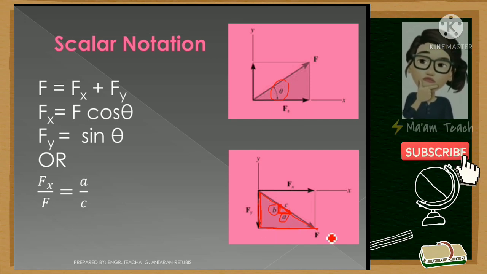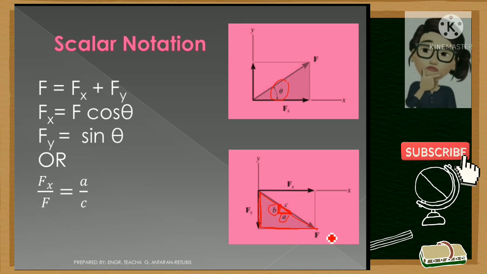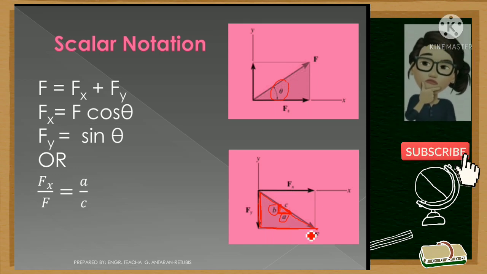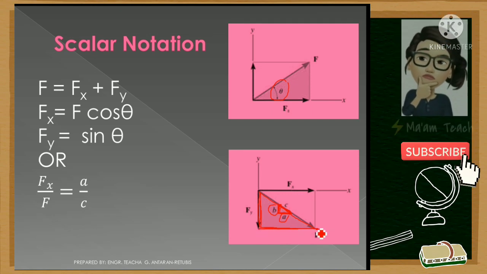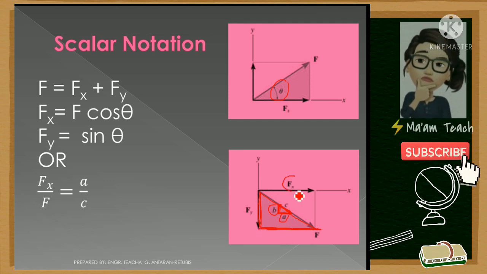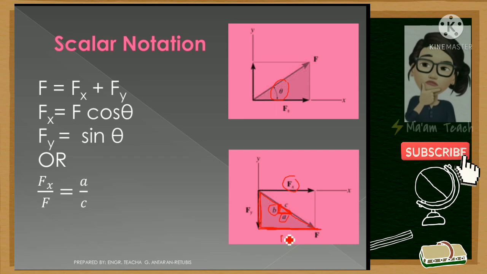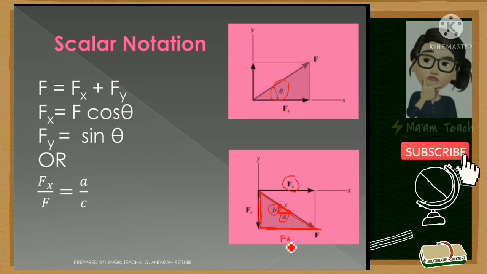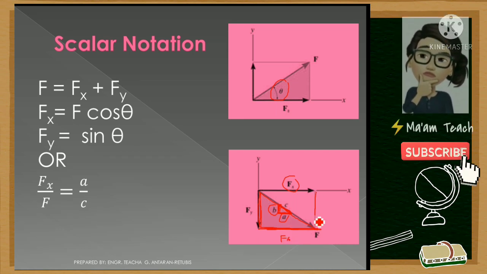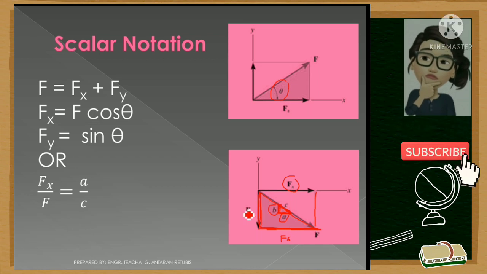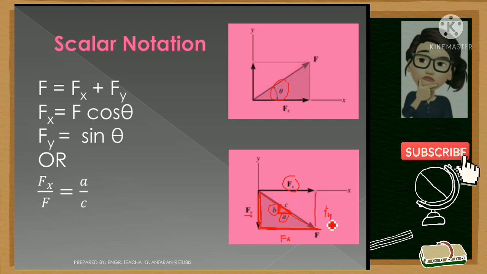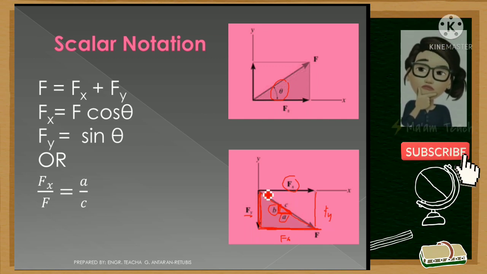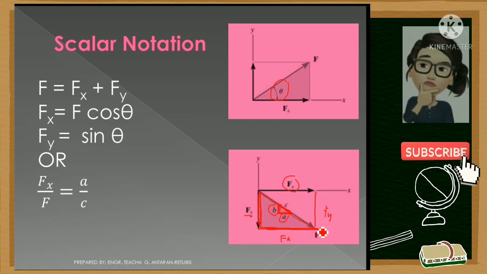Now, applying the ratio and proportion. Since this is a parallelogram, this f of x is just equal to this one here, and this part right here is parallel, so they are the same, f sub y. Now this big hypotenuse here is our f.